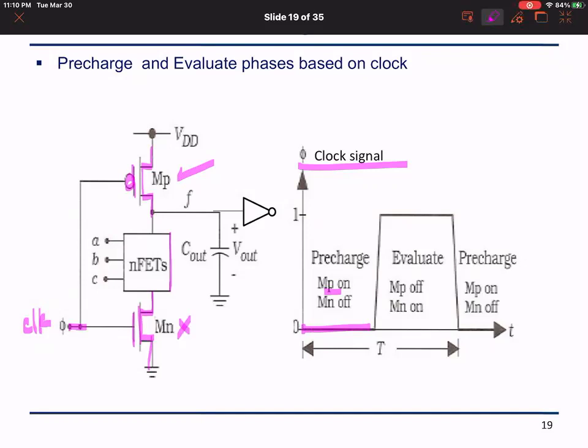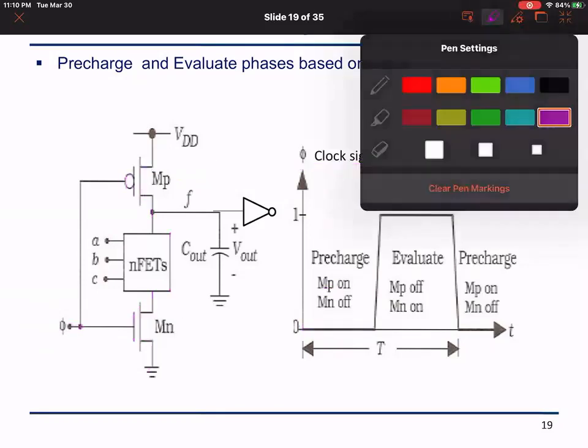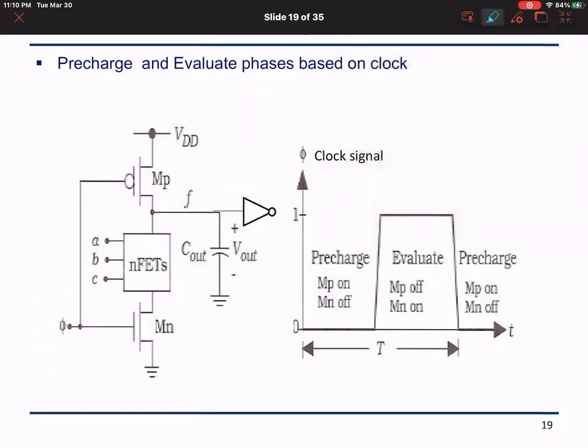And vice versa, when the clock signal is high, the P is off and the N is on, and we call this the evaluate phase because it really depends. Now, if my inputs are active, I will evaluate the function and I will pull down the network depending on the logic of my inputs A, B, C.